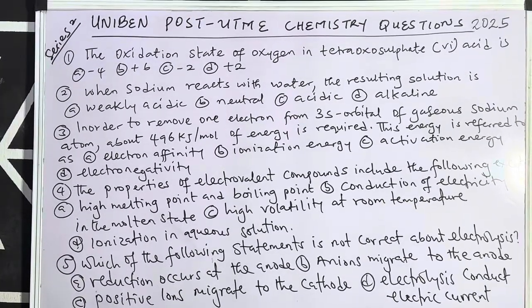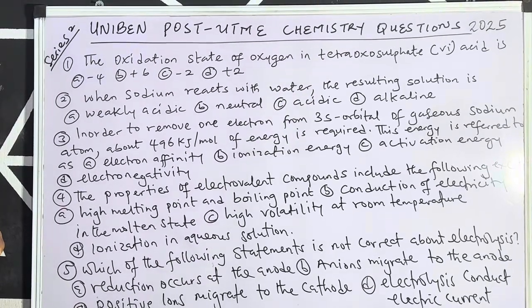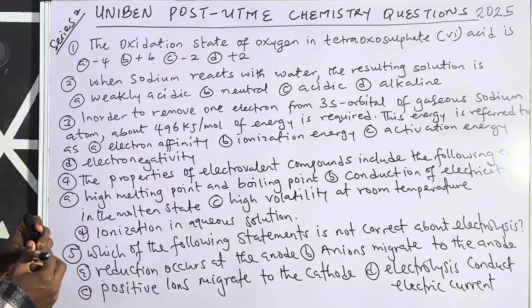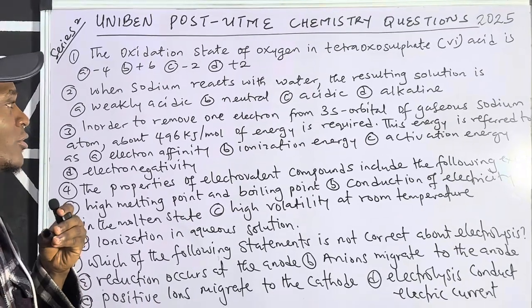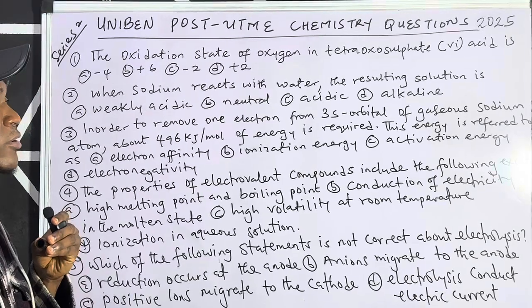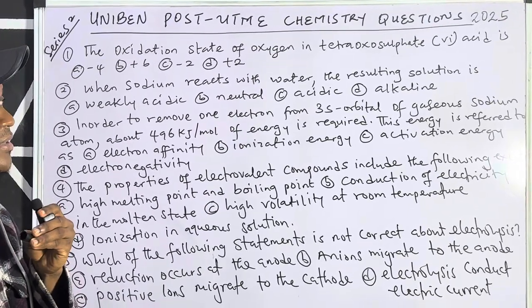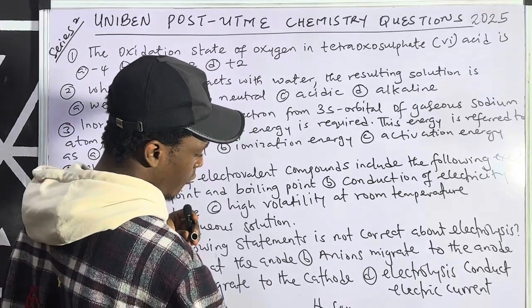Question 1. The oxidation state of oxygen in tetraoxosulfate(VI) acid is. This question is actually taking our mind to determination of oxidation number. So how do we get the oxidation state of oxygen in tetraoxosulfate(VI) acid? Now, tetraoxosulfate(VI) acid is H2SO4.